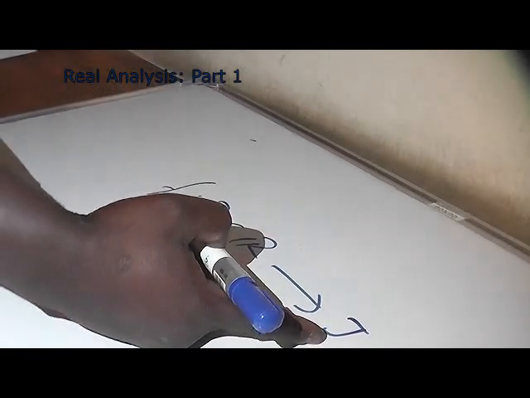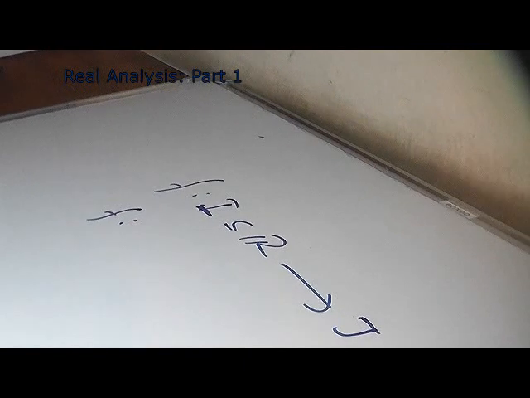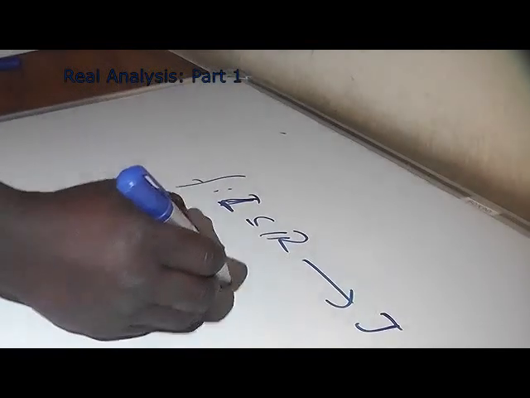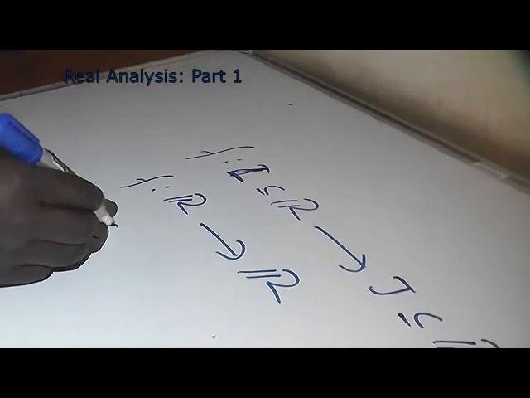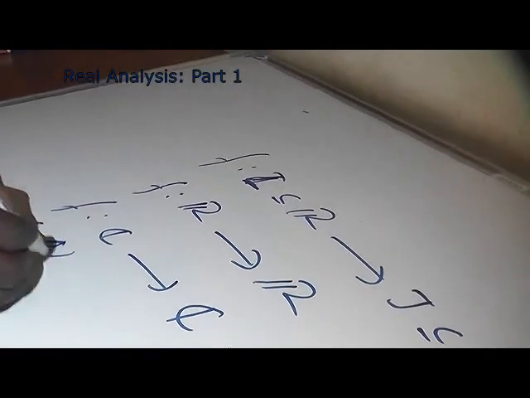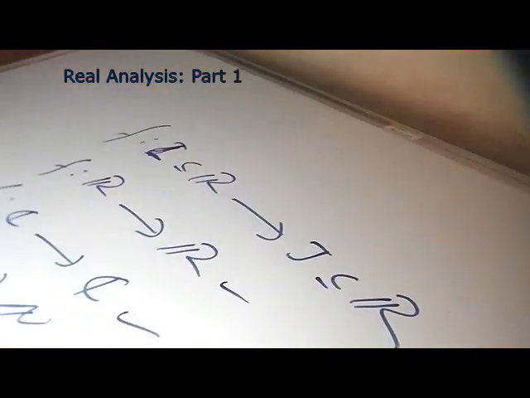And mostly the number of elements in any interval, no matter how small, is not countable. So if this is a real valued function, a complex valued function is defined this way. A natural valued function is defined this way. This can be multivariate, but this is always single value because it's on the x-axis.